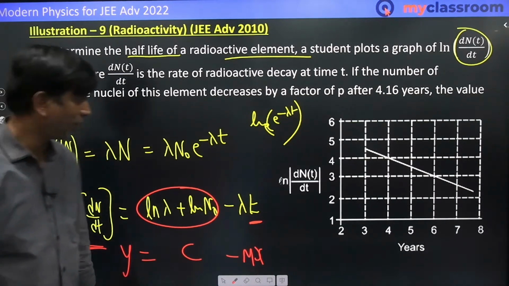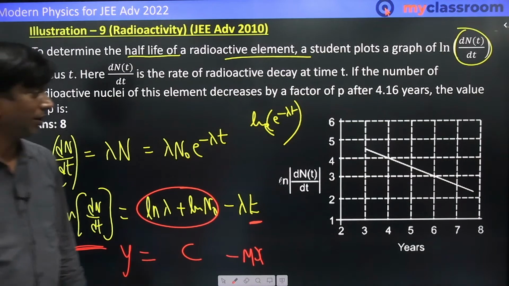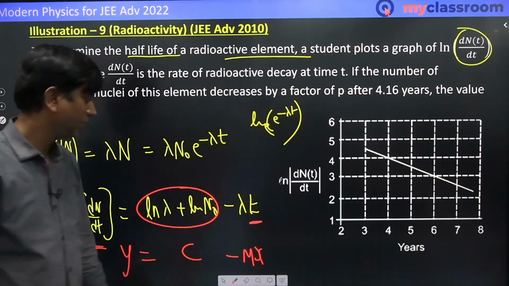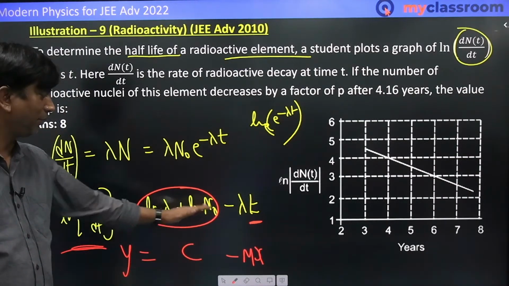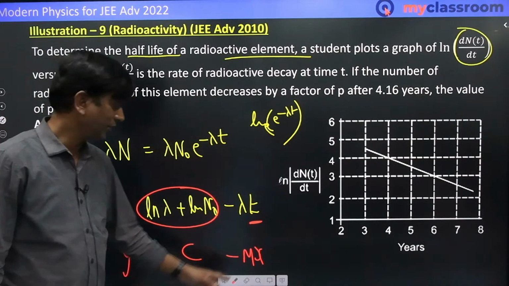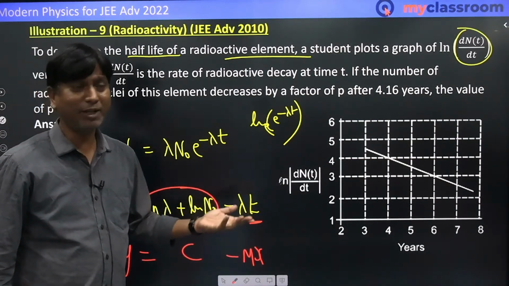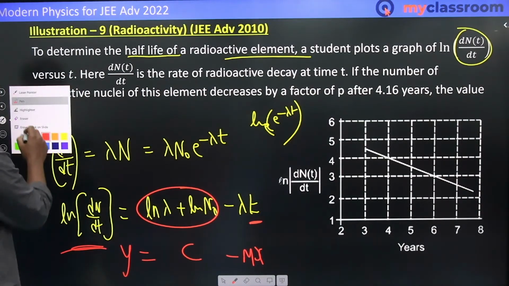That means what we want is the slope, and the slope is nothing but lambda. They have already given this line, and its slope will be equal to lambda. Why do we want lambda? When you get lambda, you can get the half-life period. Simple.